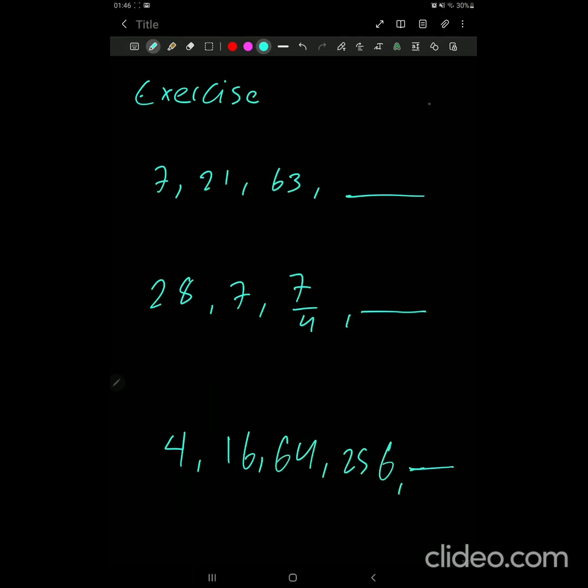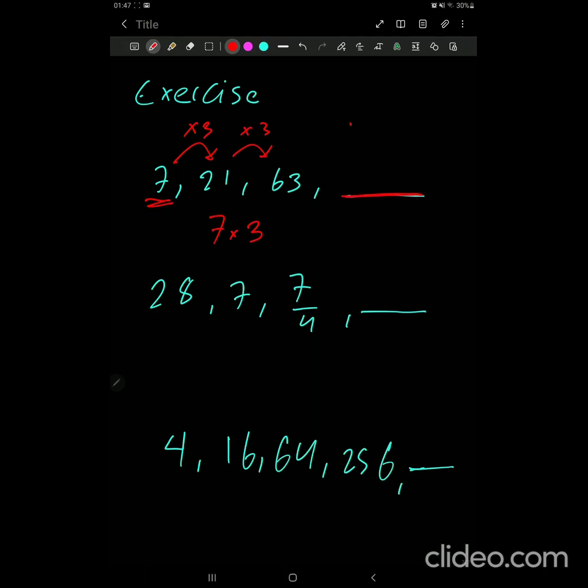Okay, so I'm gonna give you some exercise, try to solve these. If you have solved it, the first one is 7, 21, 63. The ratio is of course times 3, and the first term is 7, so 7 times 3 to the power of n, and we want to find this one.